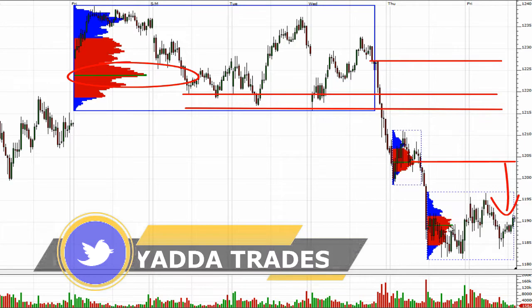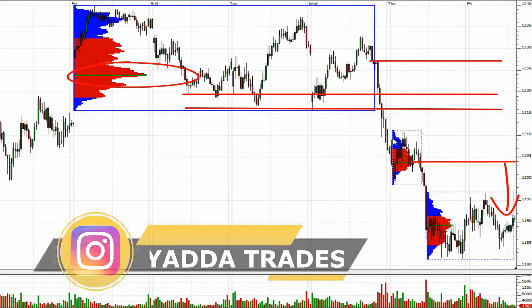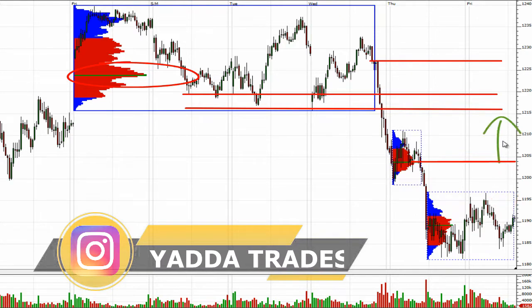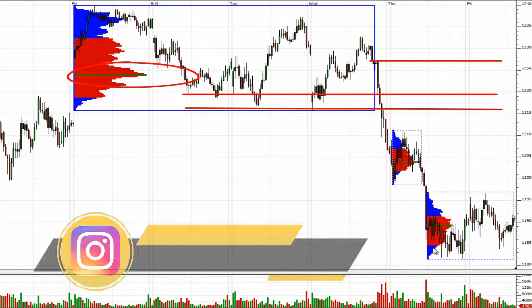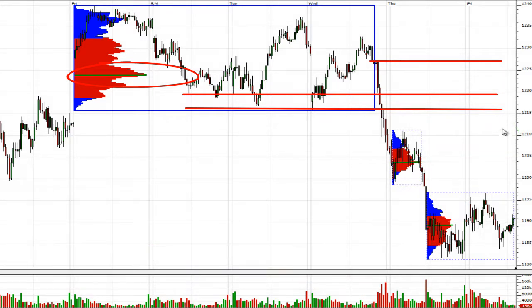But I would also notice that this is a relatively smaller balance area. So if we were to break through it, this would not invalidate the whole down move. This could be just a bigger pullback within this bigger trend down.